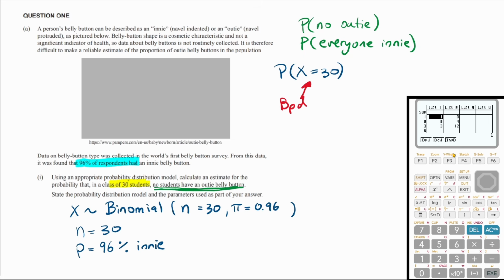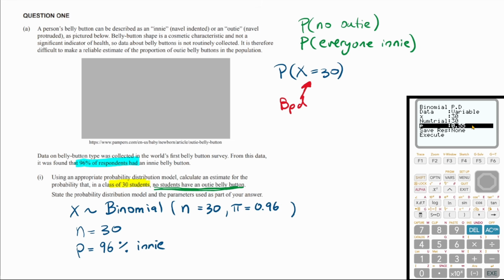So let's go to BPD, which is F1, and make sure that the first one is always on variable. If yours says list after a reset in the exam, make sure you always go back and change it to variable. And it will tell you what you have to put in. So the x value here is 30. The num trial, that's our n value, is 30 again.